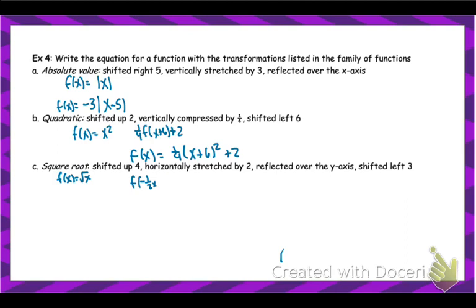So I'm going to go ahead and just do 1/2 x plus 3. If it talked about order, then you could maybe have some parentheses there, but we're not getting into that quite yet. We're just listing what those transformations are. So this would be the square root of negative 1/2 x plus 3. The plus 4 is outside the square root. Again, the biggest thing with these transformations for now to understand: what's inside is horizontal and backwards, what's outside is vertical. And that's really the thing that's going to keep coming back.